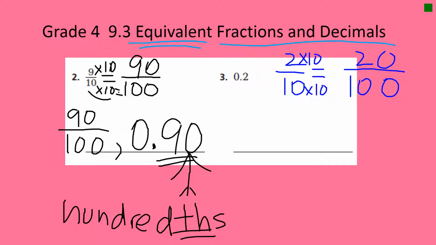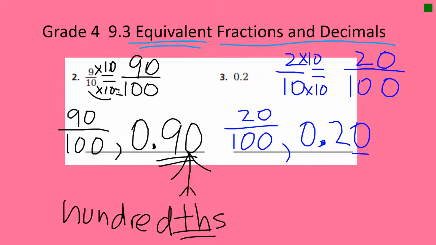Times 10. 20 hundredths. So as a fraction, 20 hundredths, and as a decimal, 0 and just write 20. And 20, did it end up in the hundredths place? Yes, it did. 0 and 20 hundredths. Beautiful.